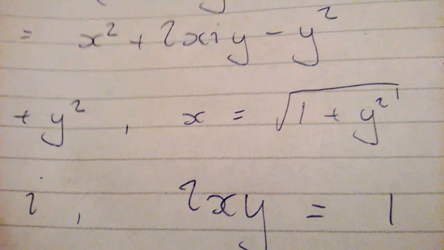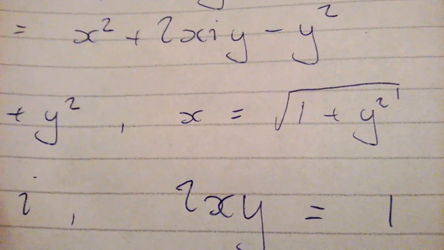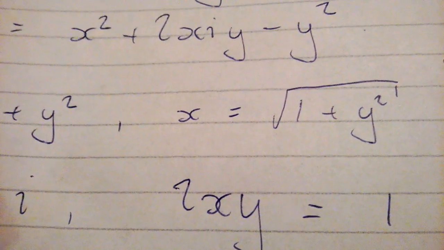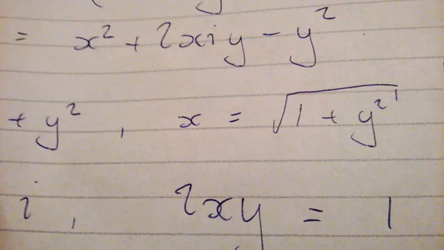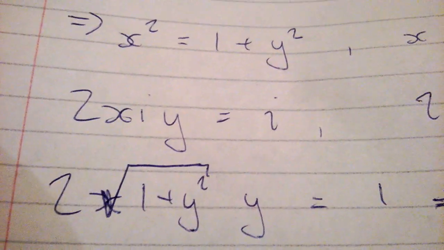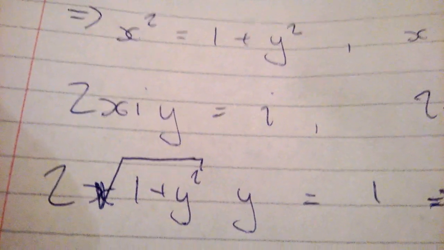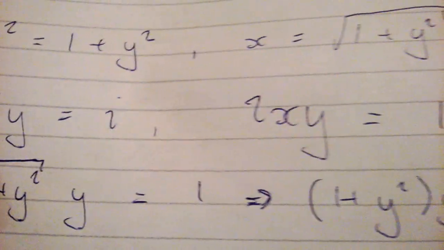Because x equals the square root of 1 plus y squared, substituting that into 2xy equals 1 gives 2 times the square root of 1 plus y squared, times y, equals 1.